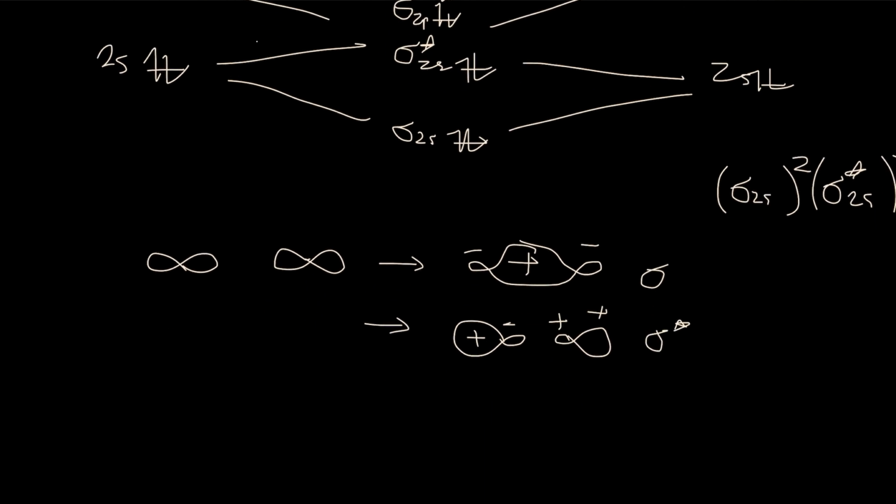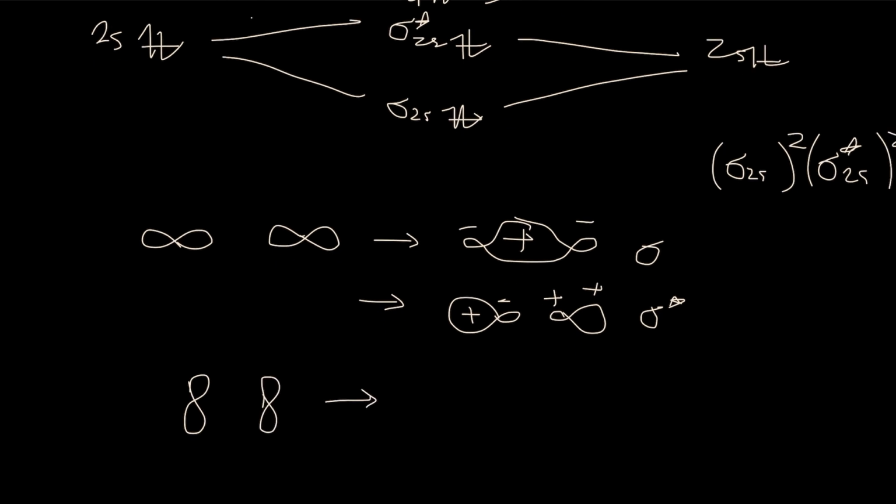As for pi orbitals, it is a side-to-side overlap. So it can get you a bonding and an anti-bonding pi orbital. Let's do bonding first. It will look like this, where you have one node in the middle here. That is a node.